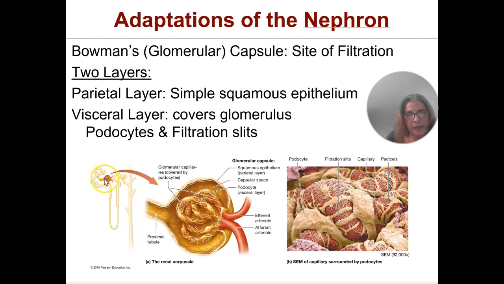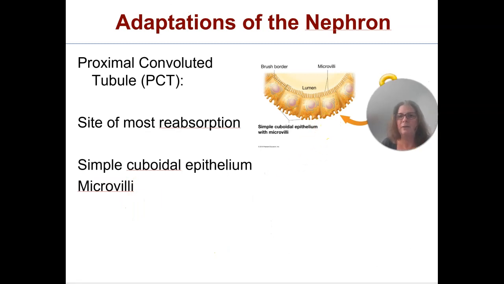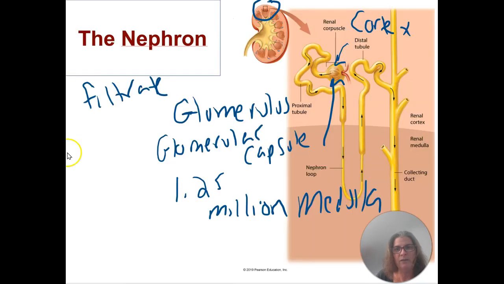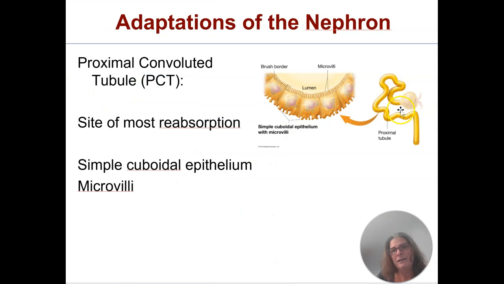Now, once the filtrate is formed, it's going to leave the blood and enter the PCT. The proximal convoluted tubule was this kind of twisty part right at the very beginning, right off of the glomerular capsule. And as the filtrate flows through here, a lot of reabsorption is going to happen. What reabsorption means is that you're moving materials from the filtrate back into the blood.